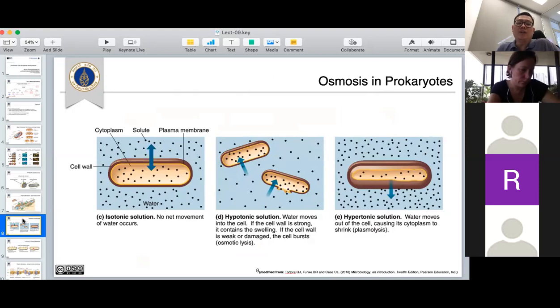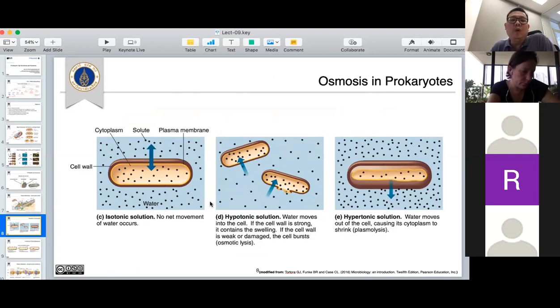So the main function of the membrane is osmosis, so permeability of substances. Let's think about osmosis. Bacteria has a cell wall, right? When they are immersed in isotonic solution, isotonic means the concentration of the solution is equivalent to the concentration of the cell cytoplasm. So cells remain in the normal shape.